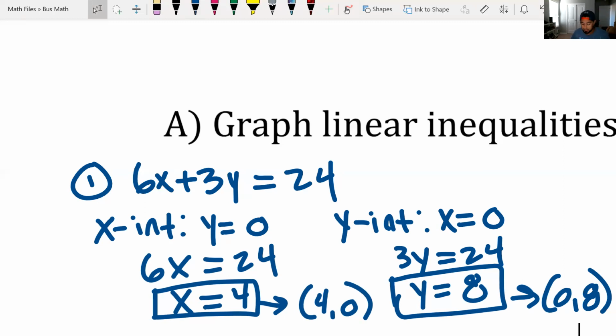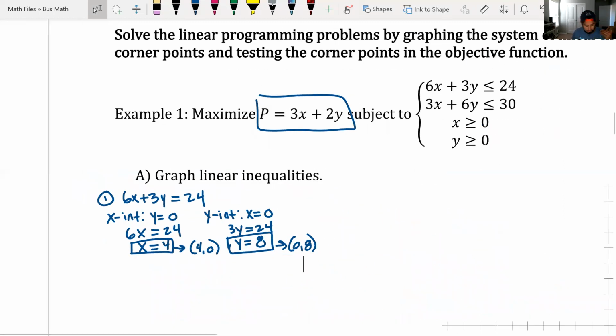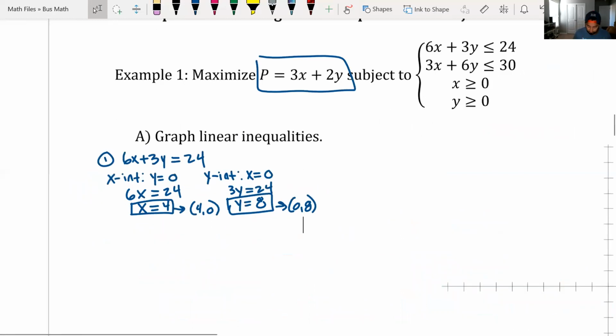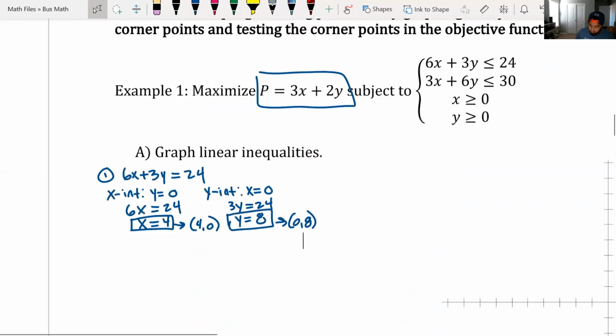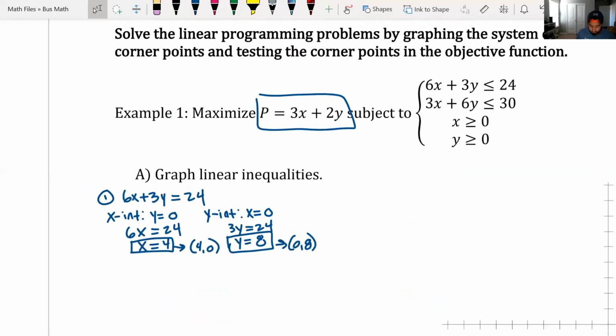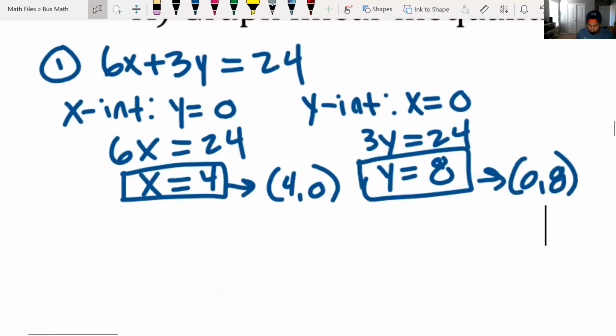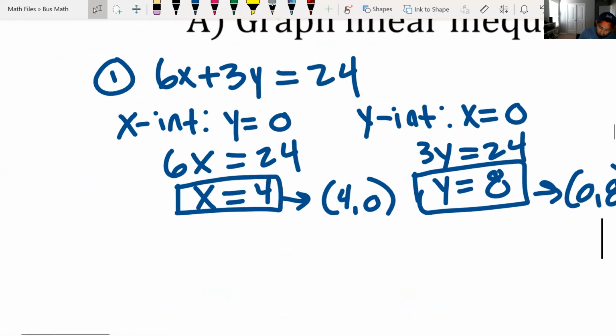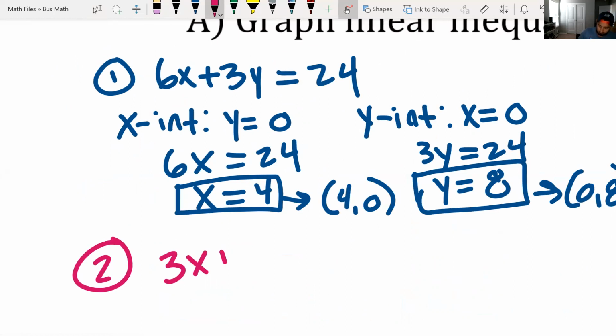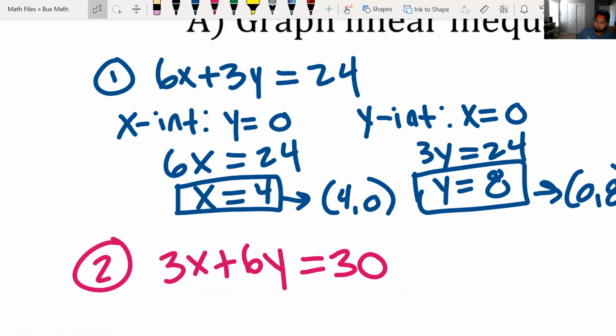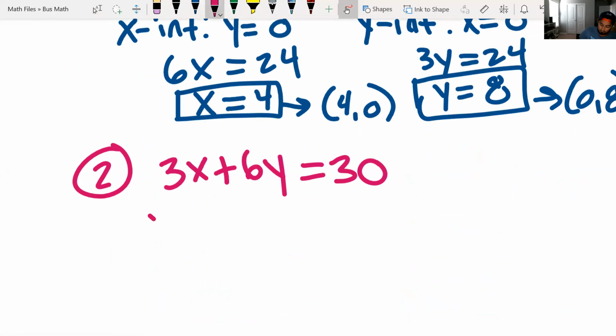Now let's find the x and y-intercepts of the second equation. 3x plus 6y equals 30. Again, find the x-intercept, find the y-intercept.